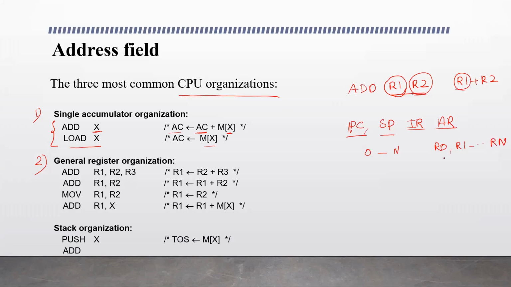So a CPU that has n general purpose registers will have registers named R0 to Rn. In this general register organization, instead of a single accumulator used for storing data and results, multiple registers are used to store the data. In this type of organization, the instruction format uses 2 or 3 address fields.